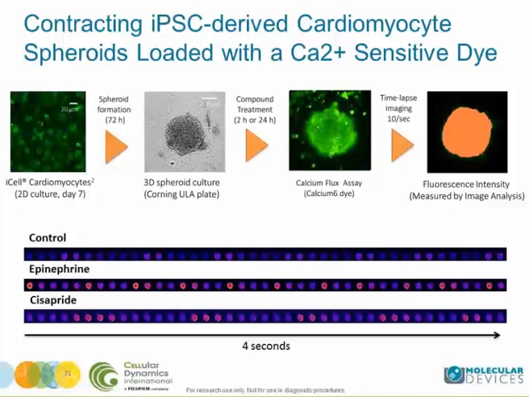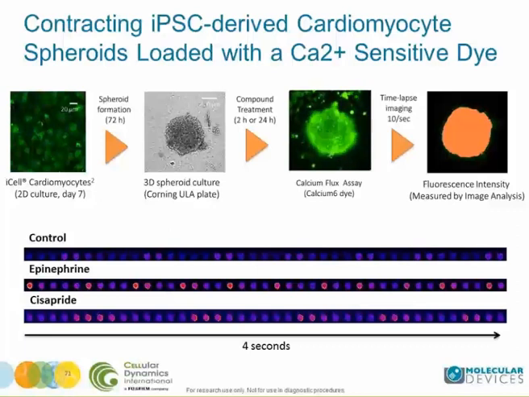These 3D models could then be used for cardiotoxicity studies by staining them with a calcium sensitive dye. Changes in fluorescent intensity in response to intracellular calcium flux were used as a surrogate marker for spheroid contraction.